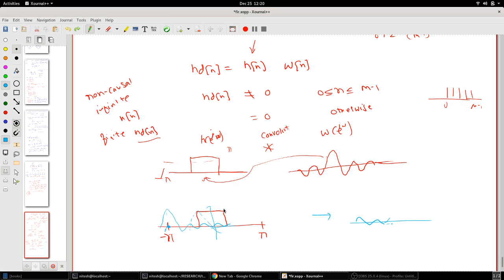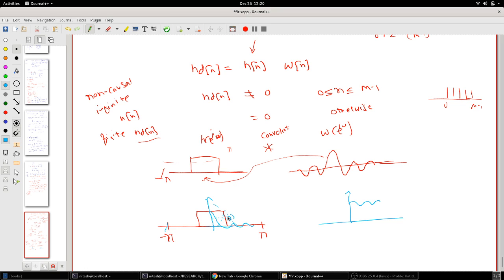Let me just start from this particular point instead, because I am only concerned about one side, right? It's symmetric. So if I start from here and then I move it like this, what I am going to get is something like this.